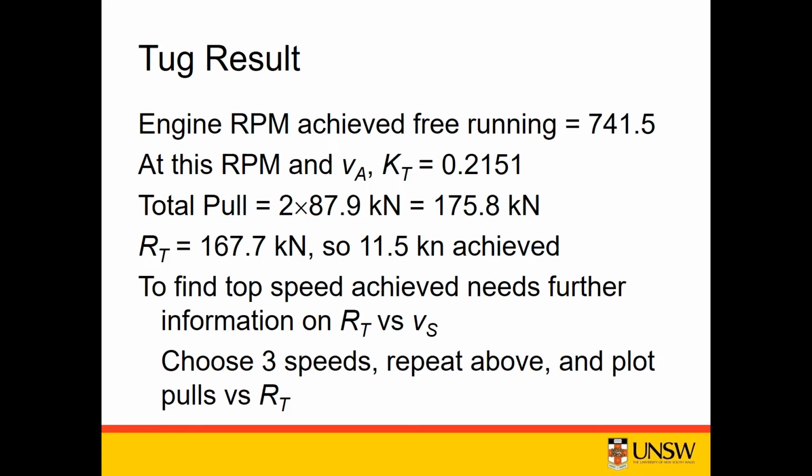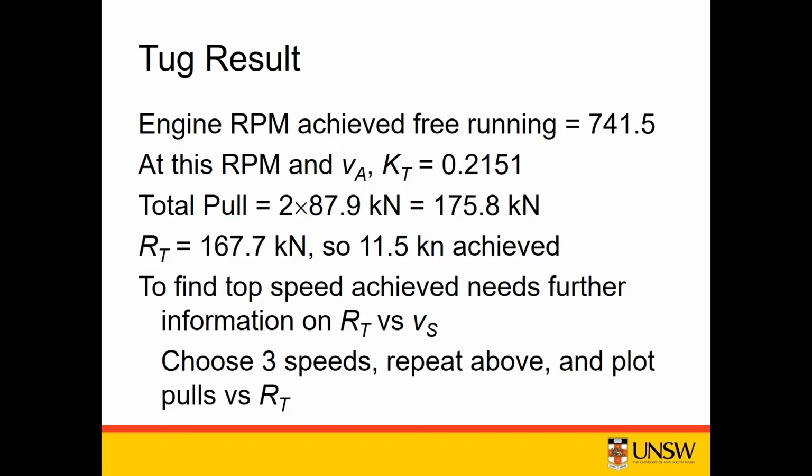Now, if you want to know exactly what speed is going to be achieved, you could do it, but you need further information on the resistance versus speed. What you would have to do is choose 3 separate speeds, starting with 11.5 knots. You'd probably go 11.5, 11.75, and 12 knots.